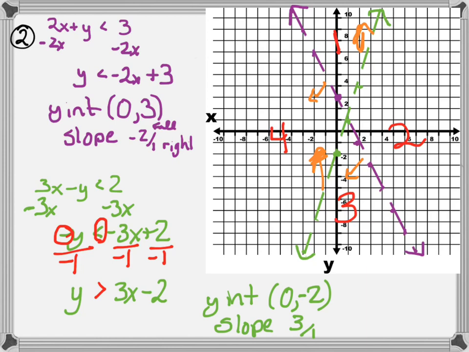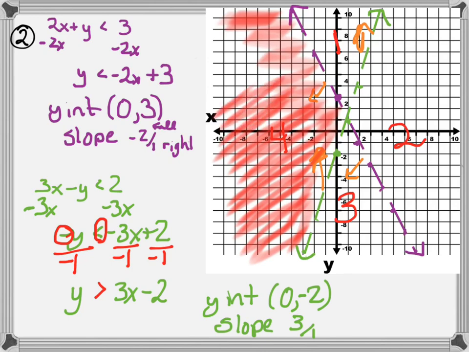I need to be below the purple line, but yet above the green line, and that leaves that area to be here. And so I go back and I shade that region. Do you notice that when I shade this region, I did not stop at the x-axis? It crosses that x-axis. It shades everything. The only borders it worries about are those regions created by the purple and green line.